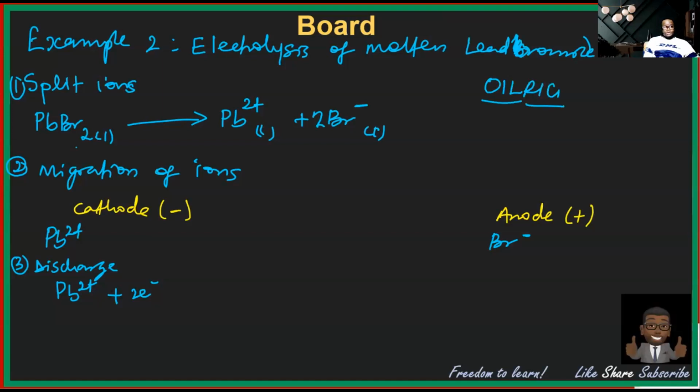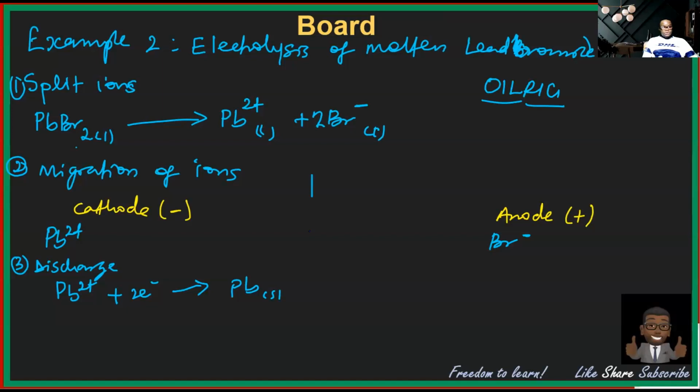So since you know that it's going to be reduced here, there must be gain of electrons. So now if it gains electrons, it's Pb, okay? So this Pb solid will now be deposited on the negative electrode. That is your cathode. So your cathode will be growing bigger in size.